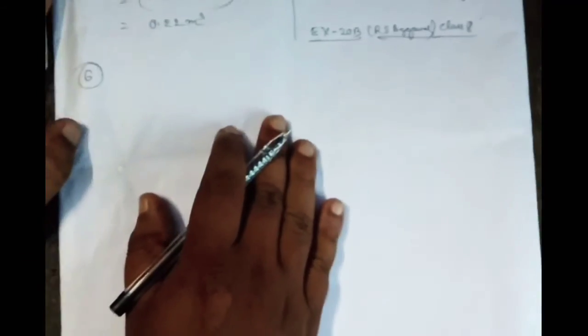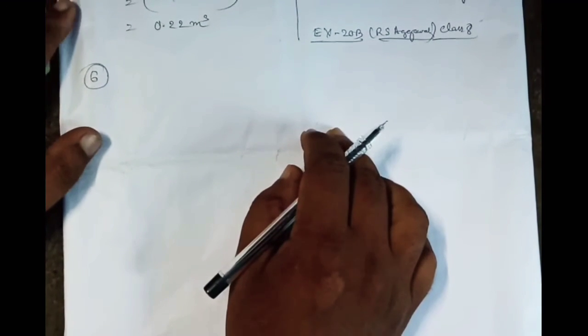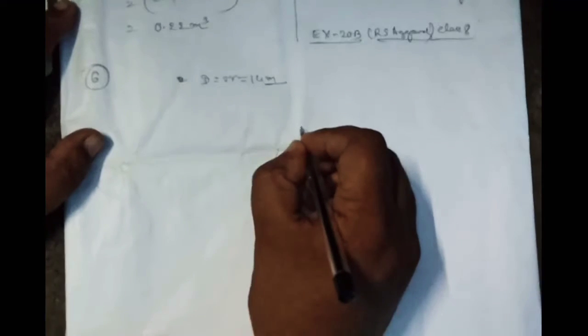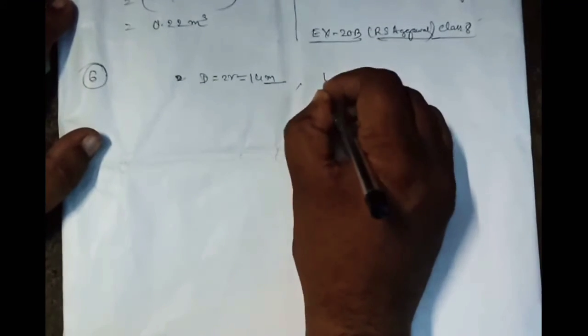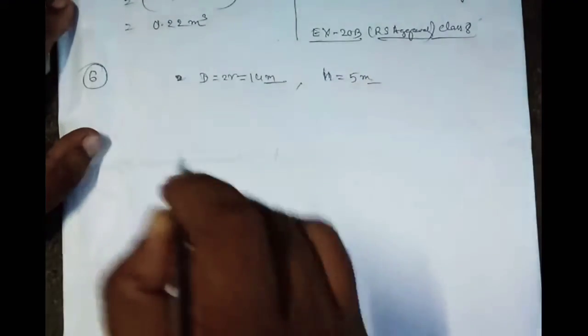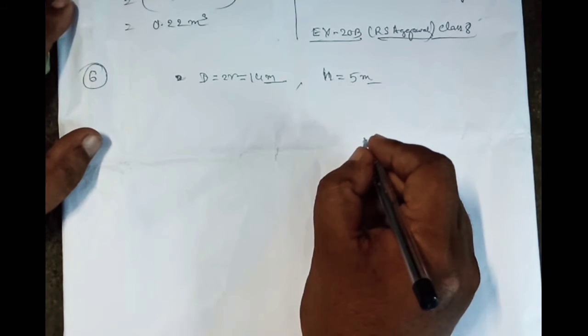Next, come to question number 6. A closed cylindrical tank of diameter 14 meter, diameter d, that is equal to 2r, is equal to 14 meter, and the height h is equal to 5 meter, is made from a sheet of metal. How much sheet of metal will be required?